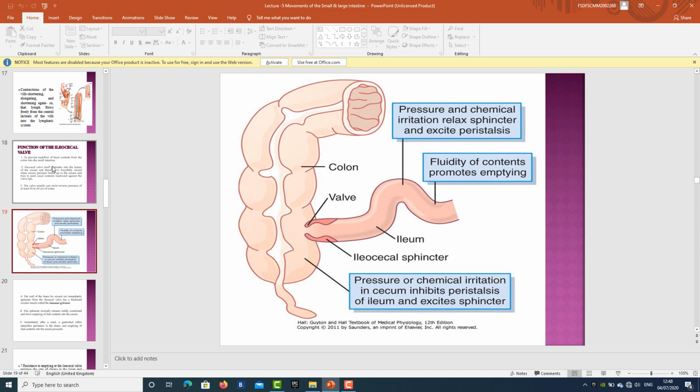The ileocecal valve is made by the sphincter, and the pressure and the chemical irritation relax it, and the fluidity of contents promotes the emptying. The pressure or irritation in the cecum inhibits the peristalsis of the ileum and excites the sphincter.